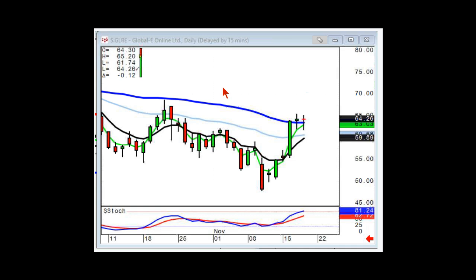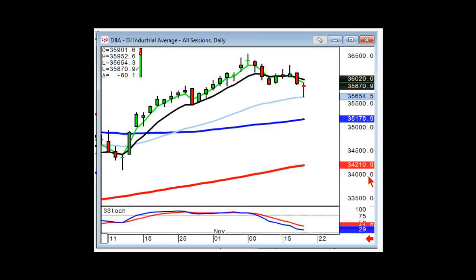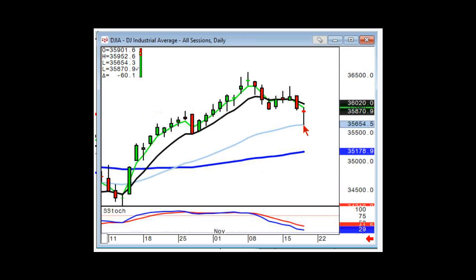Now, I'll jump here real quick. A lot of people say, why do you have the 34 on there? Because it works reasonably well. You can see where the Dow supported today, right smack dab at the 34.